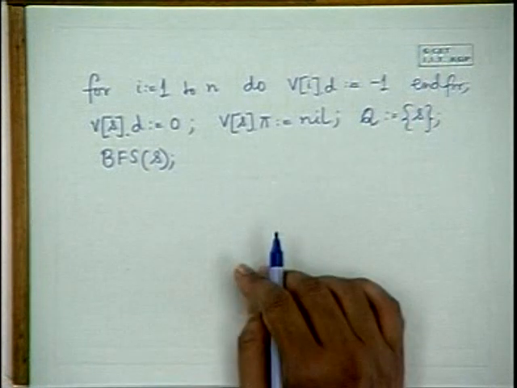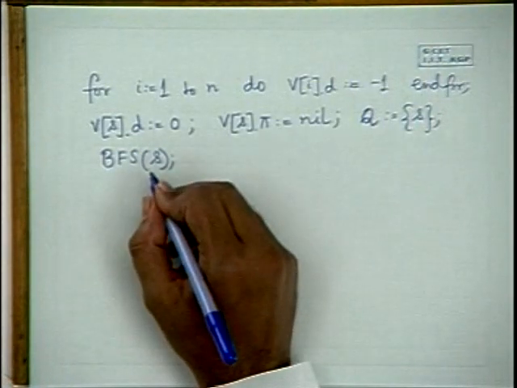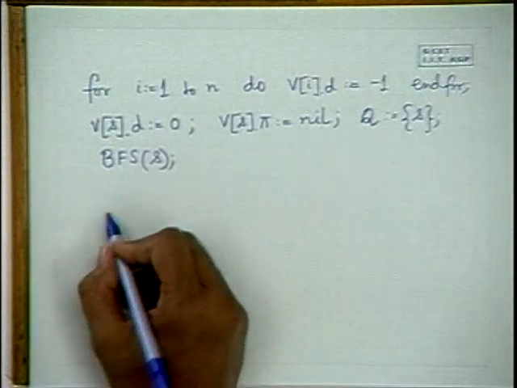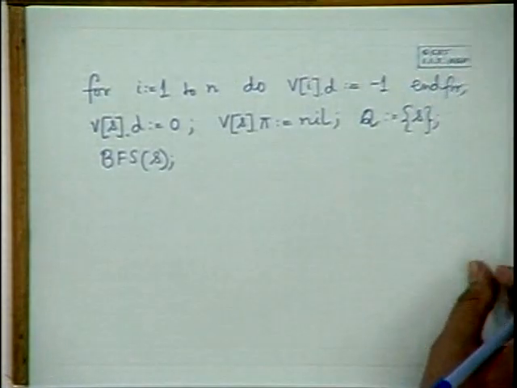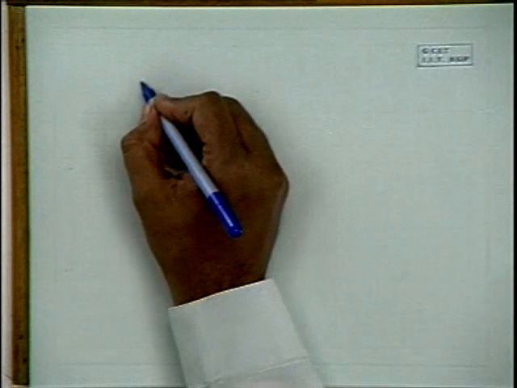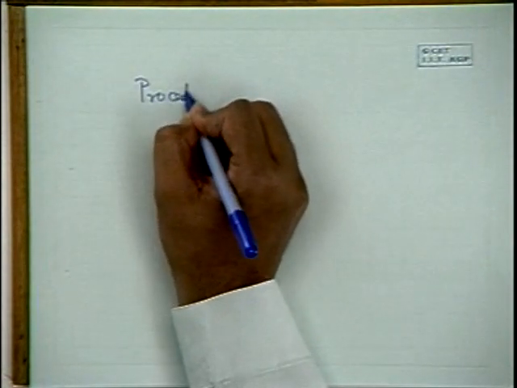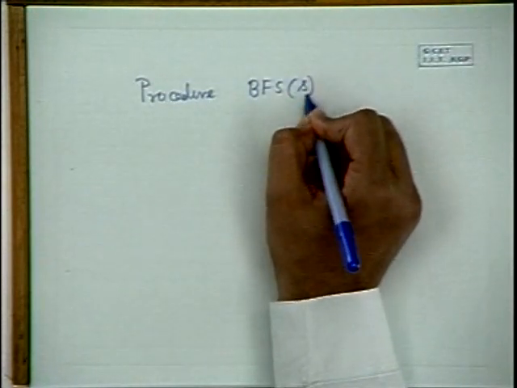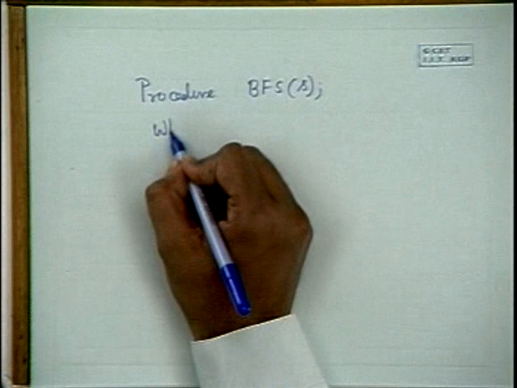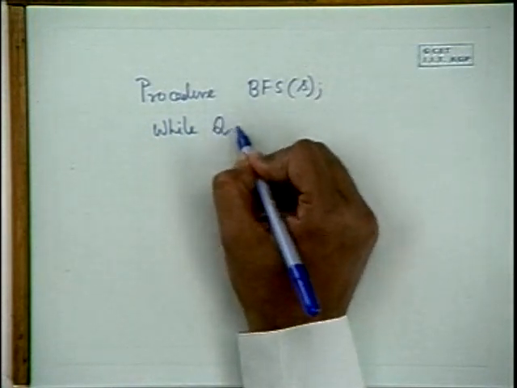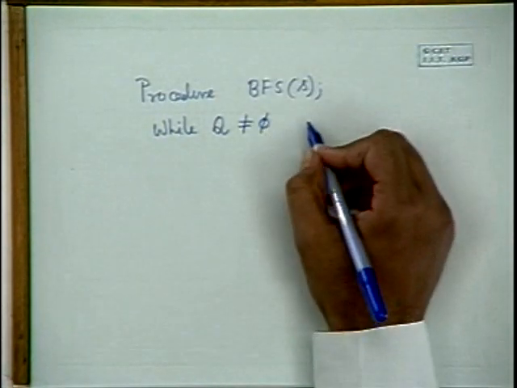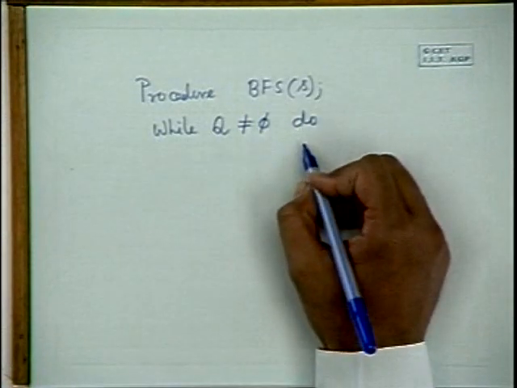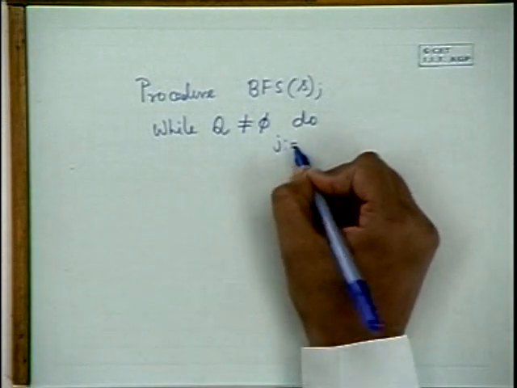Now this BFS will be a procedure which I am going to write in the next slide. So here I am going to write the procedure BFS. While Q is not empty, do: j, you just take out one vertex from the front of the queue, so I am putting that as DQ.